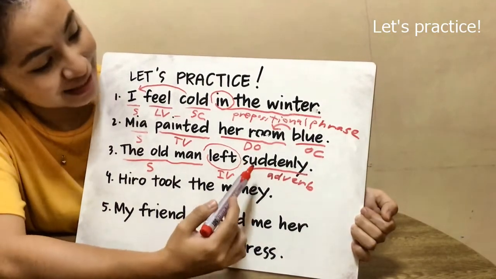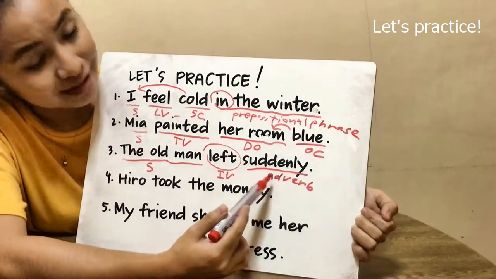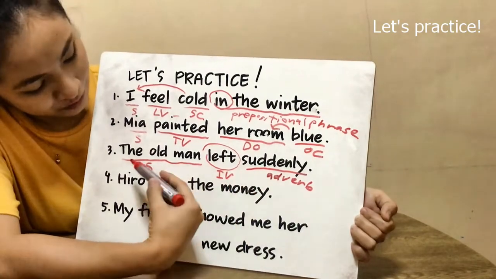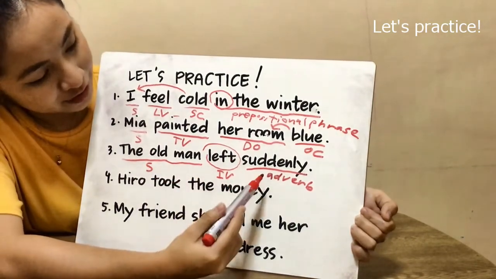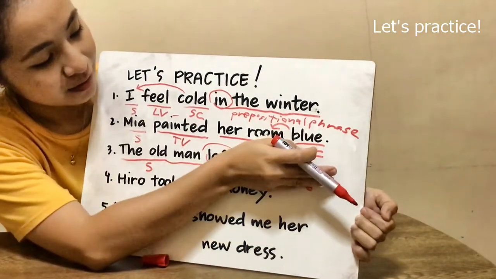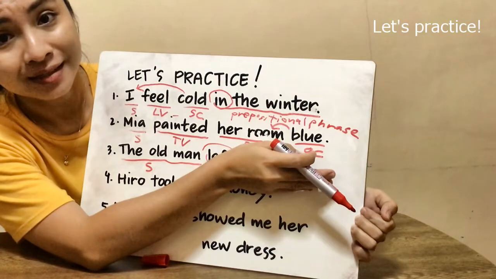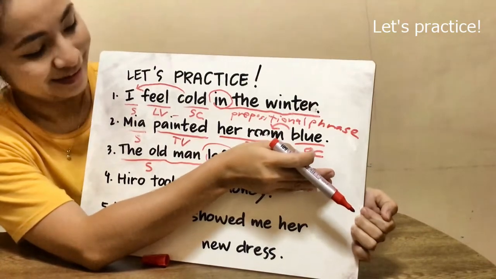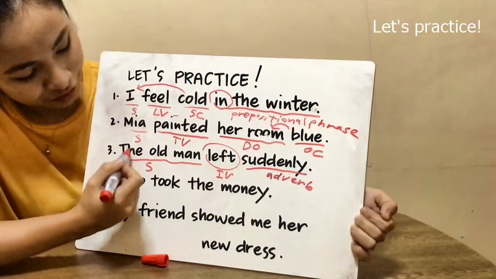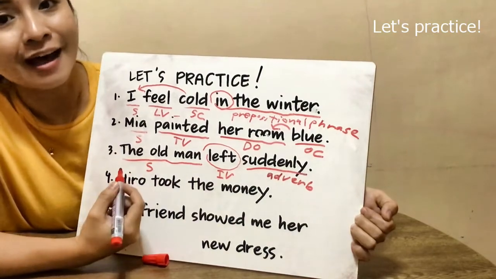So I just added suddenly as an adverb. So the old man left suddenly. So you can remove this actually. And you can just say that the old man left. It's complete. So this is the first pattern, S+IV.